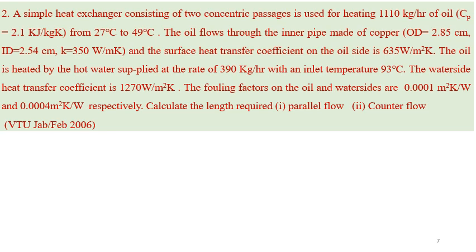Here the overall heat transfer coefficient is not given, and fouling factors are given, so you have to consider the resistance offered due to fouling and the resistance offered due to the material of the pipe, in order to calculate U. And the basic relation is the same.